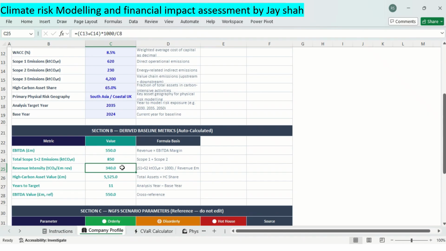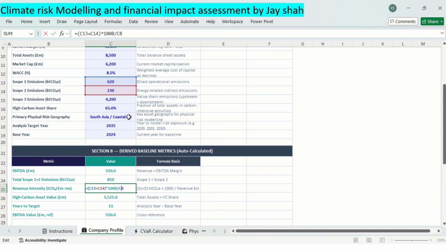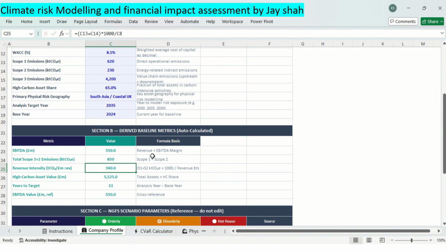And then it is divided by the C8 cell, which is the very important annual revenue of 2500. That's how revenue intensity is covered, and that's how finance and emissions connect with the climate science.